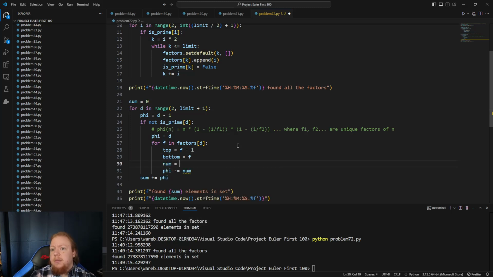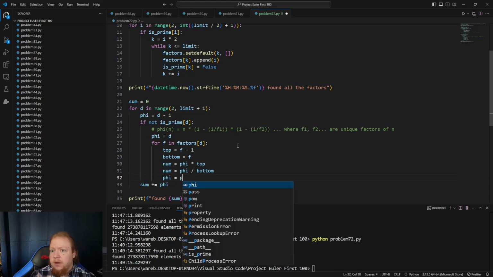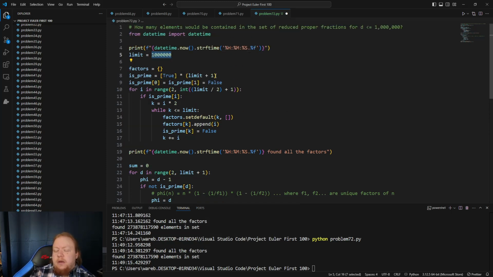So num equals phi times top. And then num equals phi divided by bottom. And then phi equals num. Go back to the number 8 just to make sure we get 21 still.